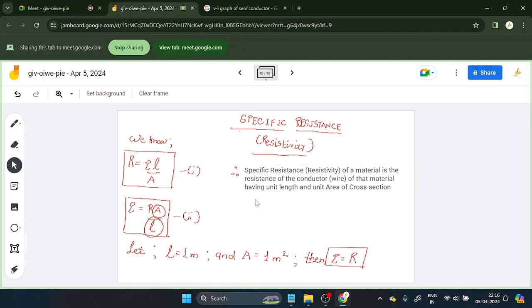Clear? This is how you will define specific resistance or resistivity.